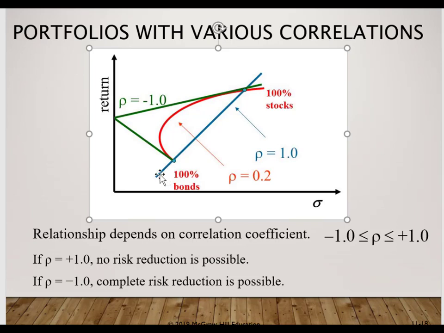Now, you can invest out here on this side of the 100% bonds, but what this implies is a short sale. That is, you're actually going to be borrowing some stocks, selling those stocks, getting cash, taking that money plus all the rest of your money and investing it in bonds. But we're interested right now in this connection between the 2 dots.